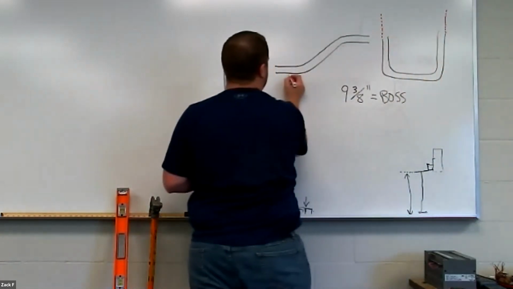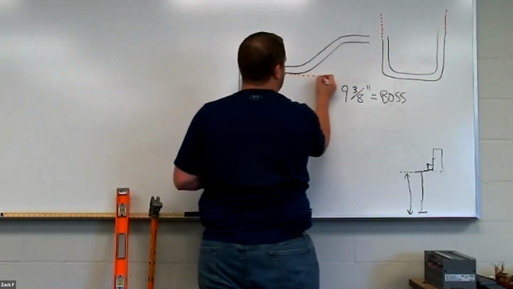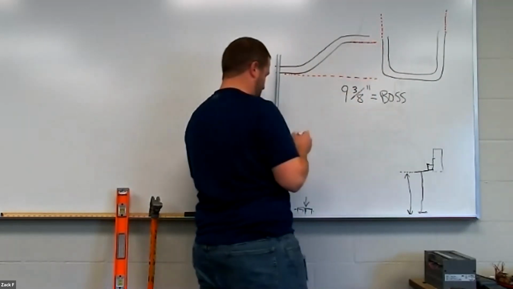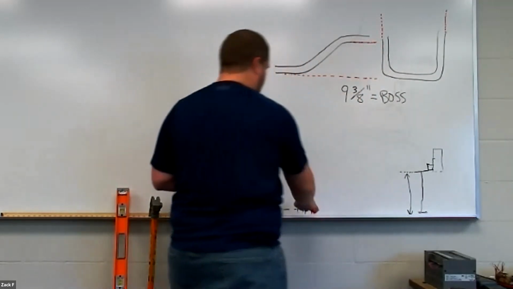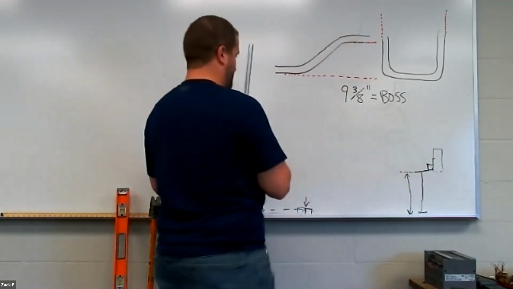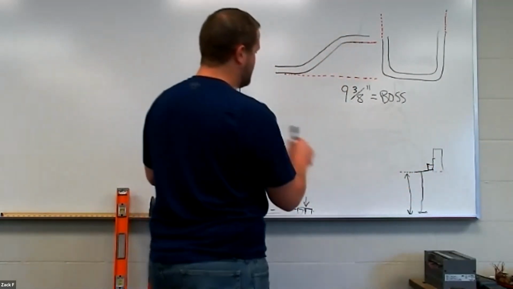For an offset, you need bottom to bottom. That's why I tell people, think as if you're going over an obstruction. That's the measurement that you need. In this case, we got to get from the chalk ledge to the bottom of this fitting, and that's 9 3/8.